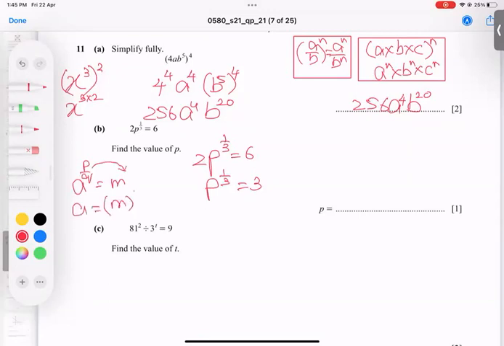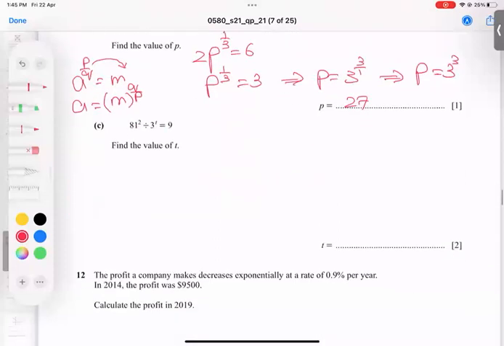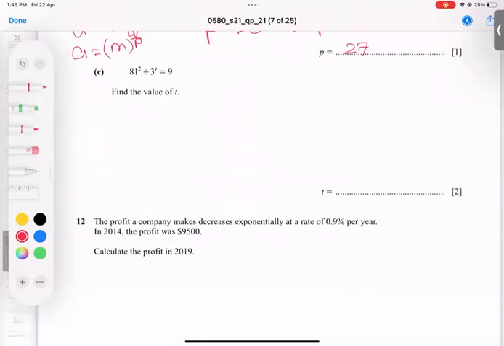Flip means q up, p down. So when this cube goes there, it becomes 3 up, 1 down, or I can say it becomes a cube. So it means 3 to power 3, and that becomes 27.